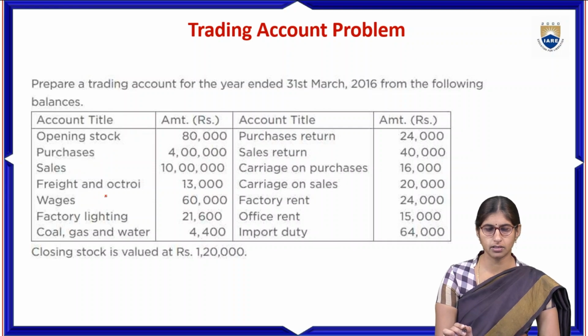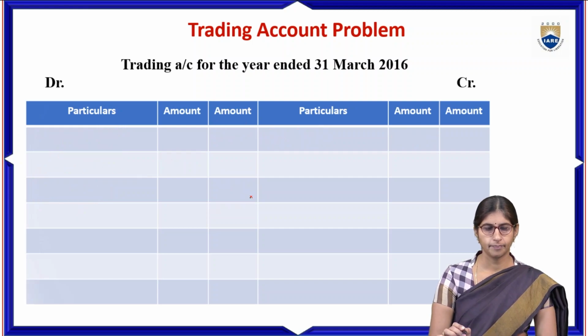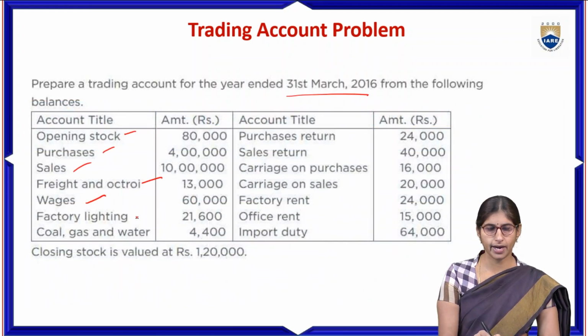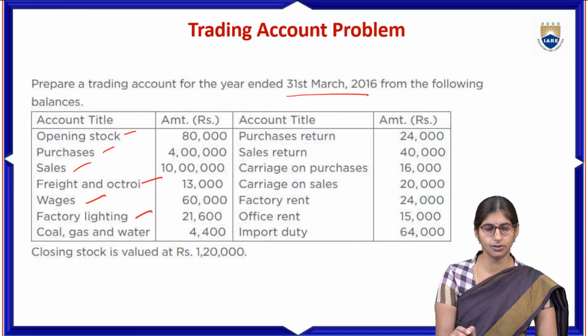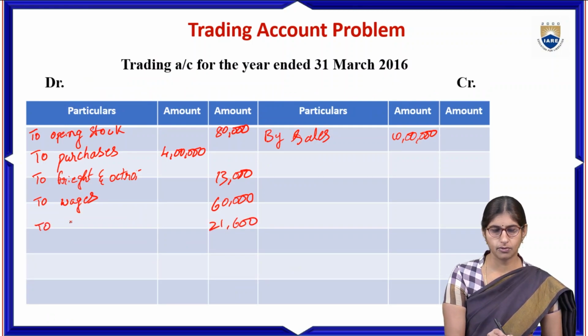Wages 60,000. We are going to write it on the debit side because it is direct expenditure. Next, factory lighting. It is absolutely related to factory or manufacturing. So to factory lighting 21,600.